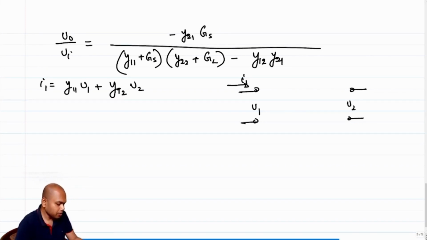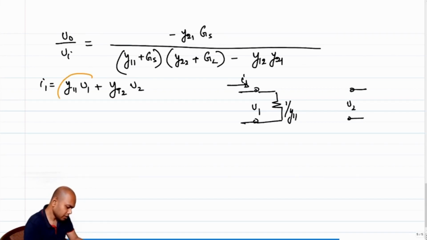So what do you call an element whose current is proportional to its voltage? It's a resistance, right? In this case it's a conductance. So I can denote this as a conductance of value y11 or a resistance of value 1 by y11, right? So this is as far as this term is concerned.